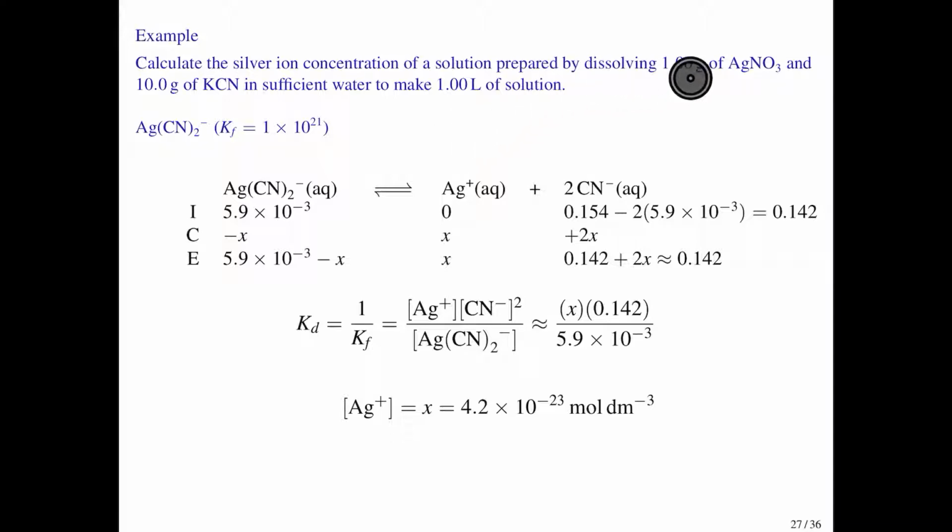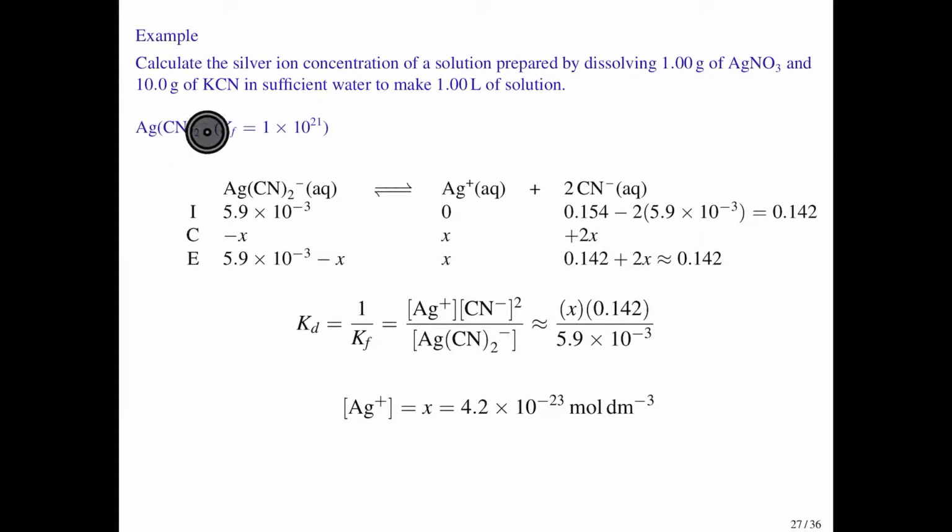What I do is take the silver ion, and I'm just going to assume at the beginning that all of the silver ion is tied up in that complex ion. The reason I do that is because the Kf, the equilibrium constant for the formation of the complex ion, is so large that almost all of the silver is going to be tied up in that ion.